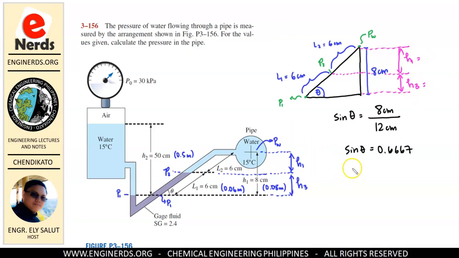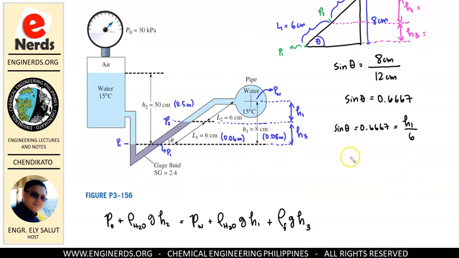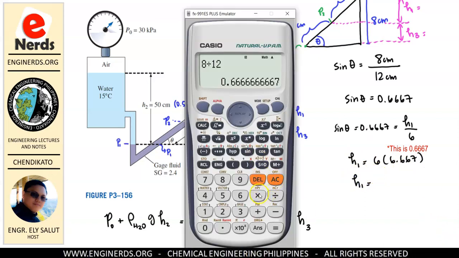So we have sine theta, which is 0.6667, is equal to opposite over hypotenuse. So H1 over 6 cm. Okay, so that means our H1 is equal to 6 times 0.6667. So our H1 is equal to 4.